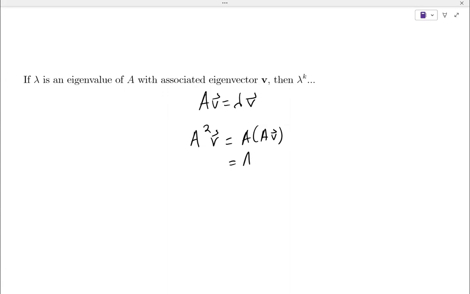Lambda v. Now lambda is just a scalar. Where can I move that lambda? Anywhere I like, right? In particular, I can put it in front if I want. What can we replace Av with? Lambda v.